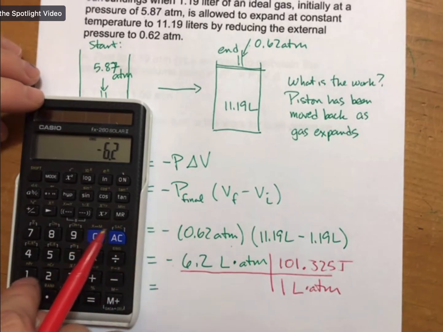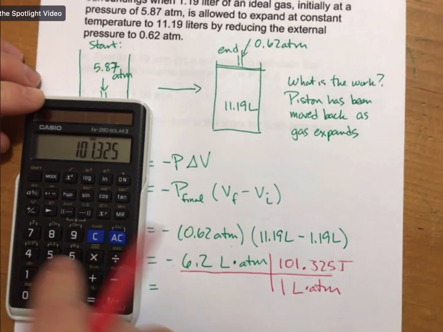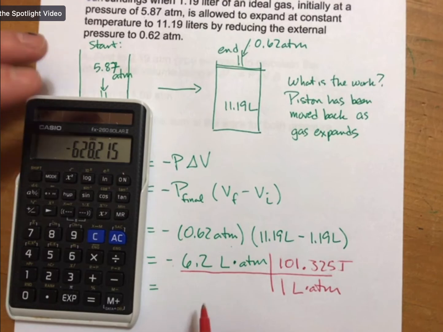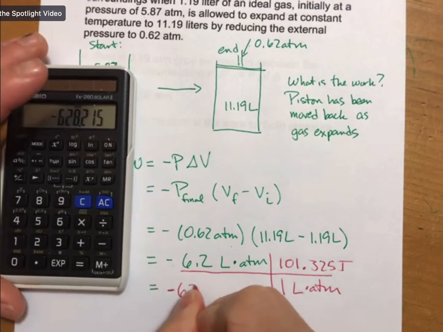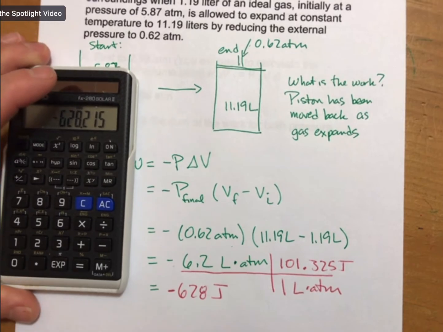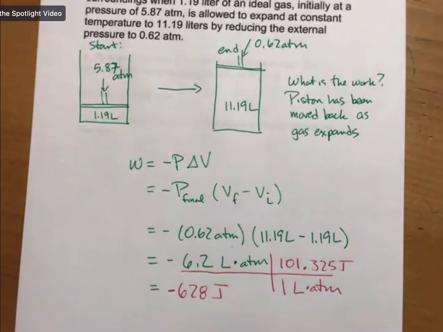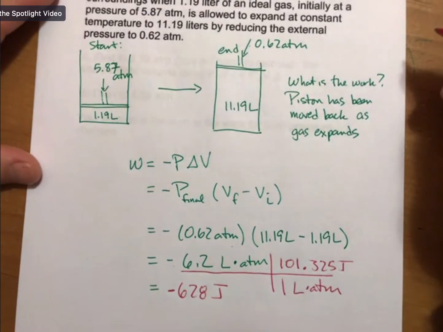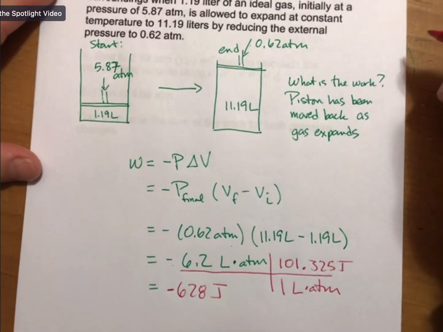Times 101.325. I get minus 628 joules. So it's not doing a lot of work, but it's doing some work. And isn't that amazing? Okay, let's see. Did I cover everything? Yes.